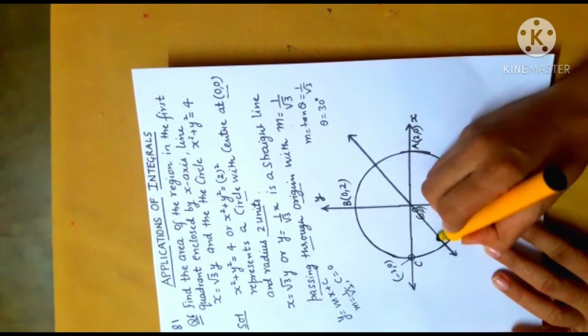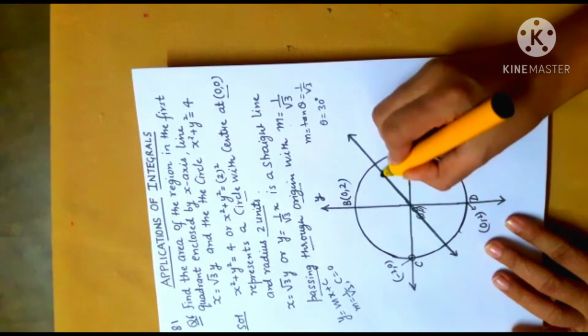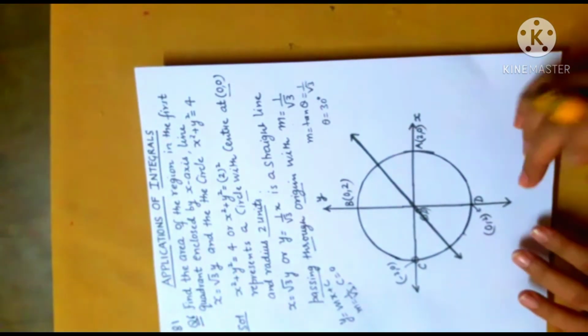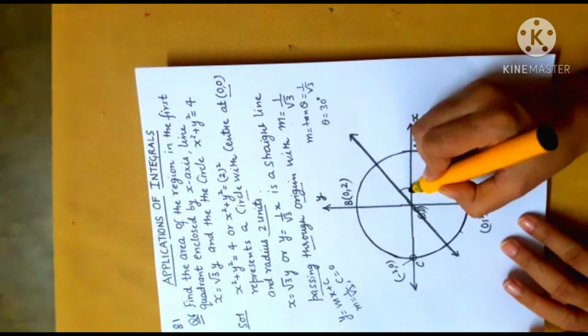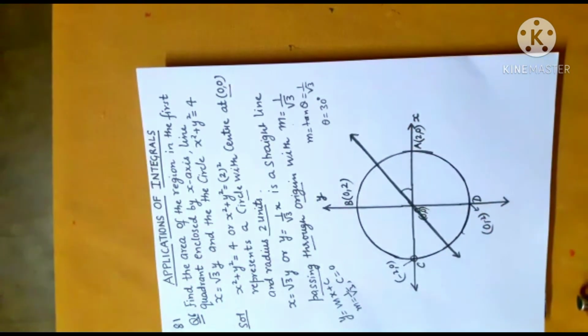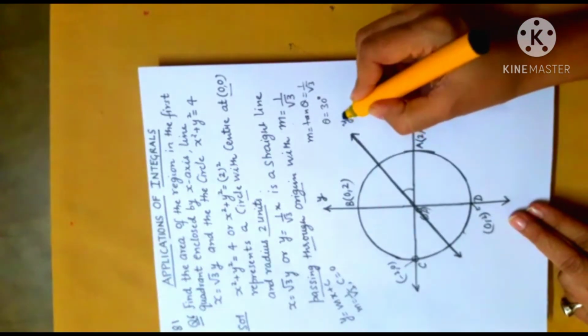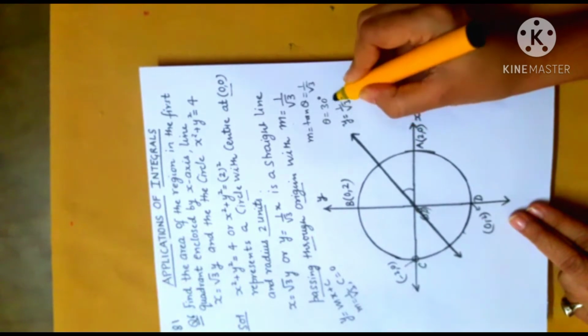So let this be the line passing through the origin and making an angle of 30 degree with the positive direction of x-axis. So this is our line, y equals 1 over root 3x.